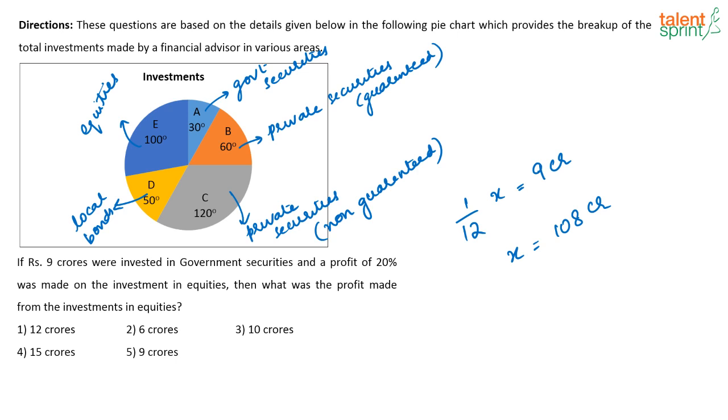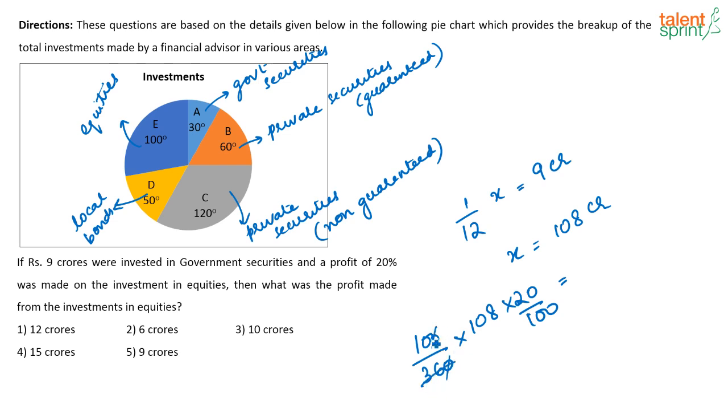So how much is invested in equities? 100 out of 360 is invested in equities, and the total is 108 crores. So out of this 108 crores, this much is invested in equities, and there is a 20% profit on it. This is what you have to find out. What is the profit made in equities?